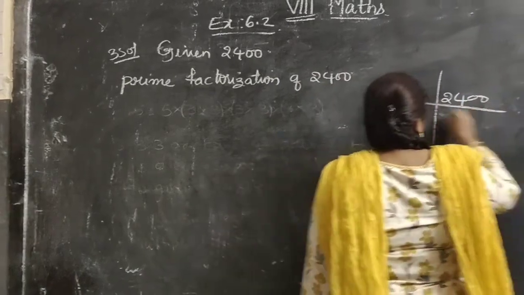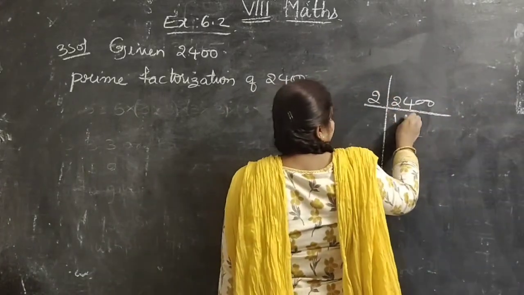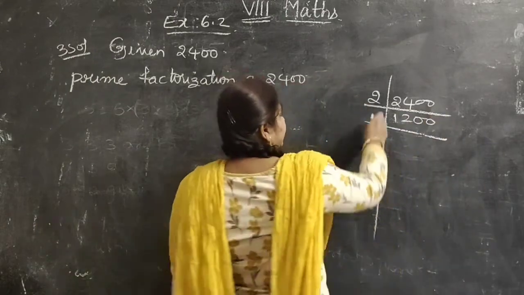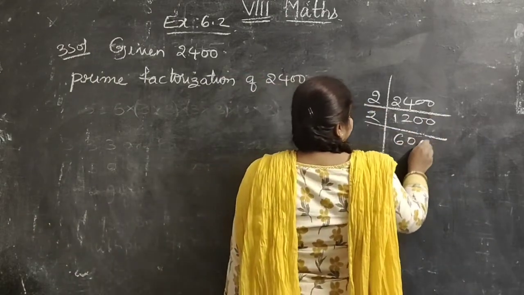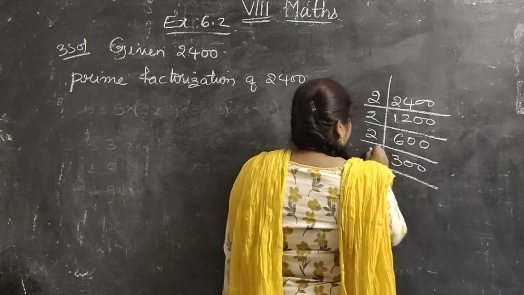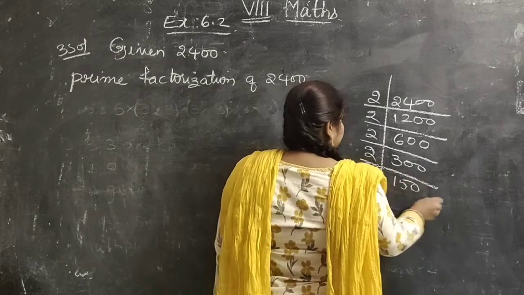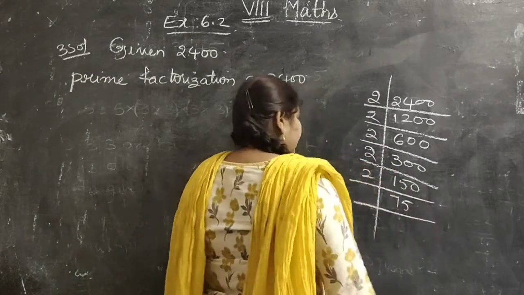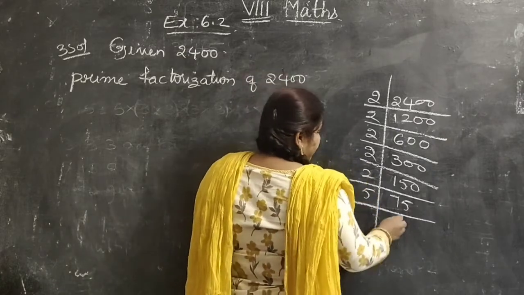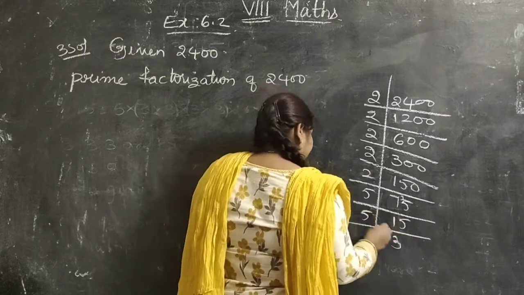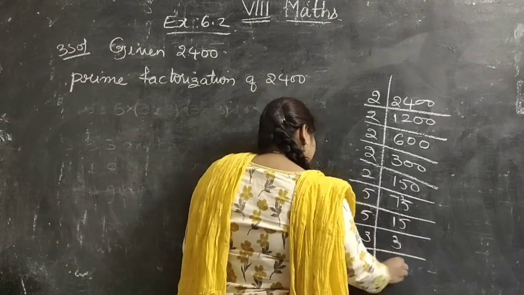It will go in the 2 table. 2 ones are 2, 2 1200s are 2400. Next, 2 600s, 2 300s, 2 150s are 300. Next, 2 75s. We can take in the 5 table now. 5 ones are 5, 5 15s are 75, 5 3s are 15, and 3 ones are 3.